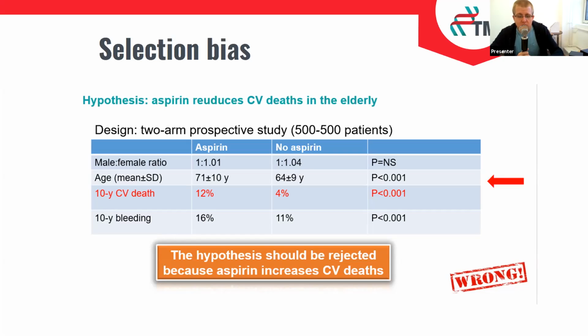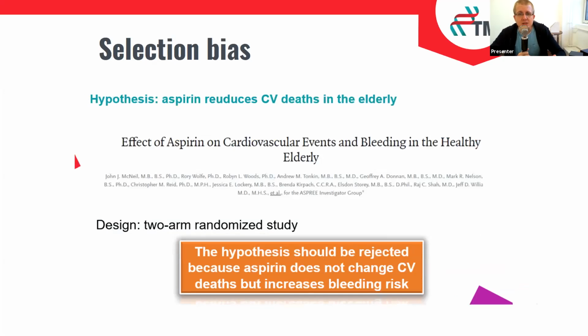Later on, they replicated this study in a randomized controlled setting, and it was also a publication in the New England Journal of Medicine. Technically, they found no difference. Aspirin didn't increase the risk of cardiovascular deaths in the elderly, but it didn't have any protective effect against it either. So aspirin had a neutral effect, while the risk of bleeding was increased.